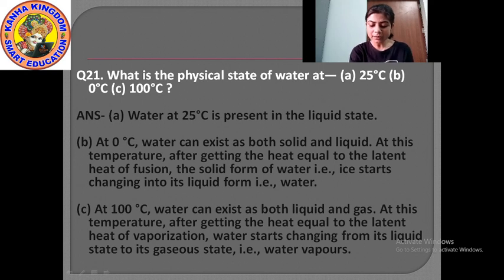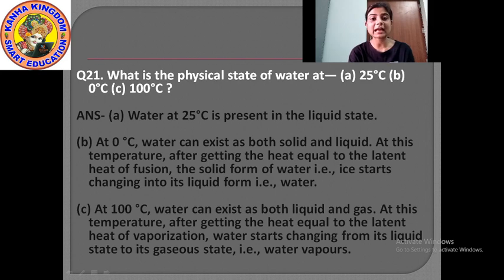Okay. Now students, what do you mean by latent heat of fusion? Latent heat of fusion means heat absorbed to convert liquid into vapor state. Okay. So at 0 degrees Celsius water can be both in solid and liquid state.